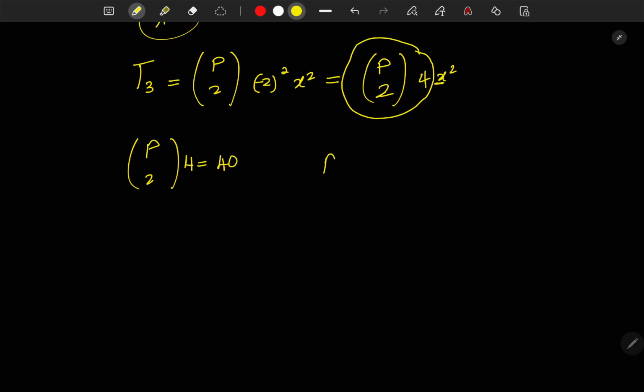And we can divide throughout, we get p choose 2 is equal to 10. Now recall, what does p choose 2 mean? This means p factorial over p minus 2 factorial, then 2 factorial.